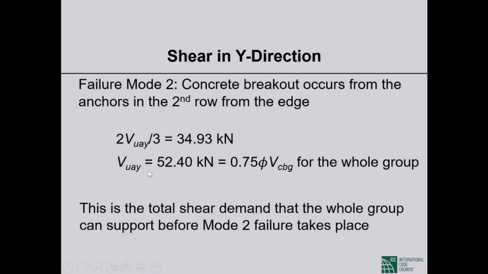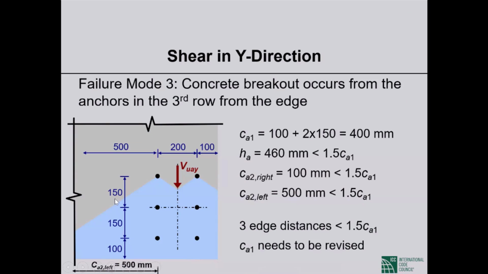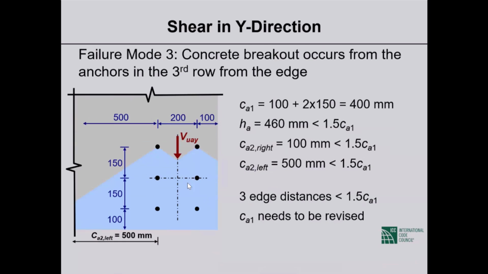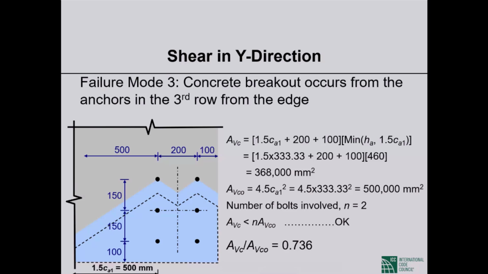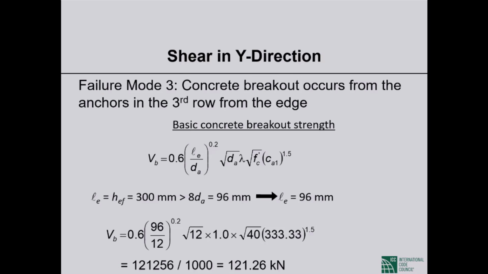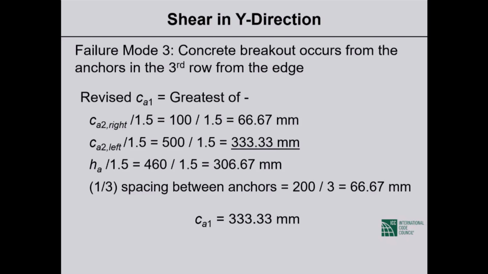Then we consider the third possibility, the back anchors failing under the total shear applied to the group. And that takes us to, very interestingly, I should point this out, now the C sub A1 has increased to 400 millimeters.